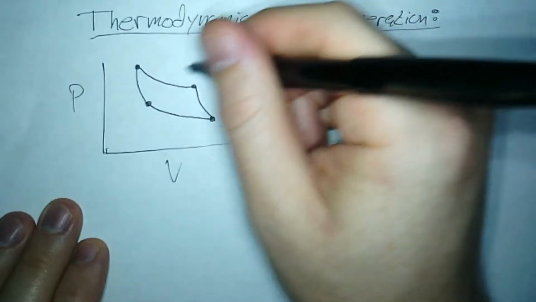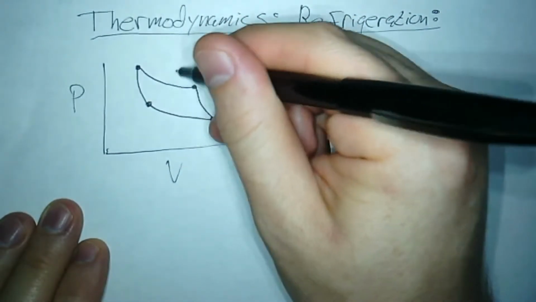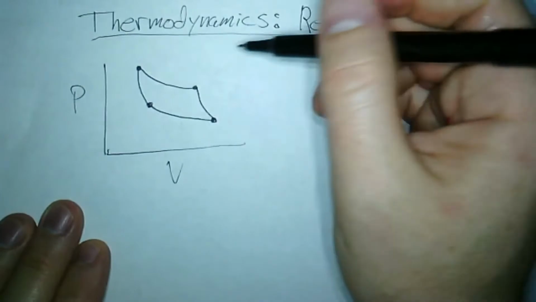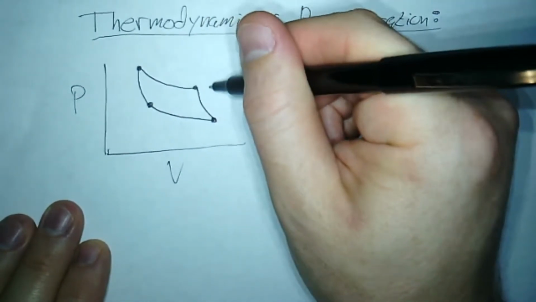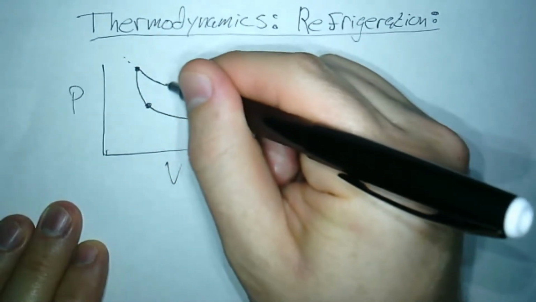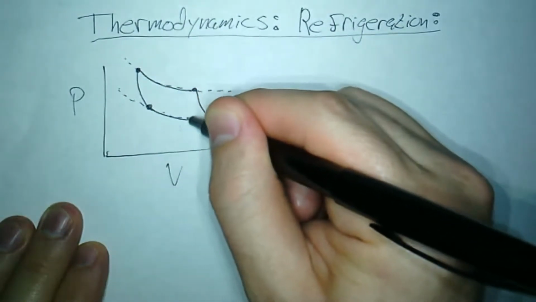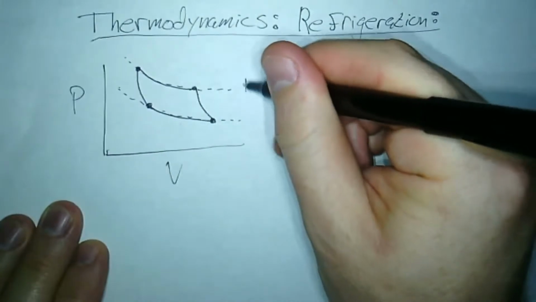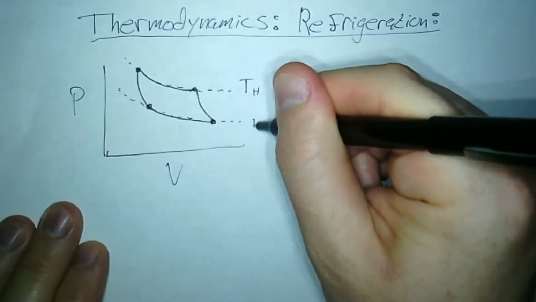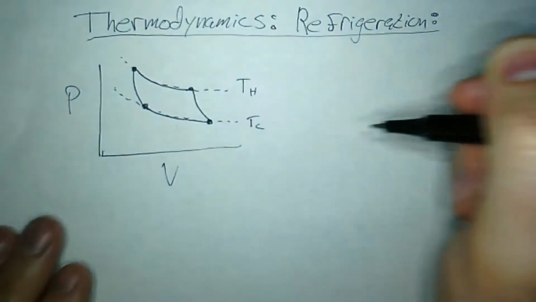And I know that this is all one temperature, and this is all one temperature. So this curve is an isothermal curve where everything on that line is the same temperature. So this is temperature hot and temperature cold.